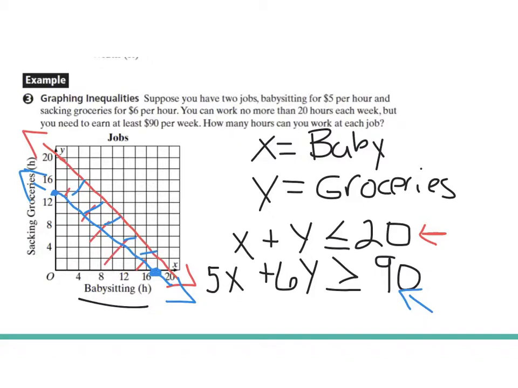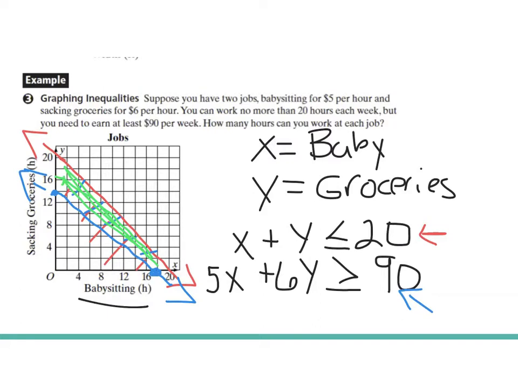So where they overlap, which is this fine strip in here, that's going to be all of the possible outcomes where we can work and meet our criteria. So we could work maybe 16 hours sacking groceries and no hours babysitting.